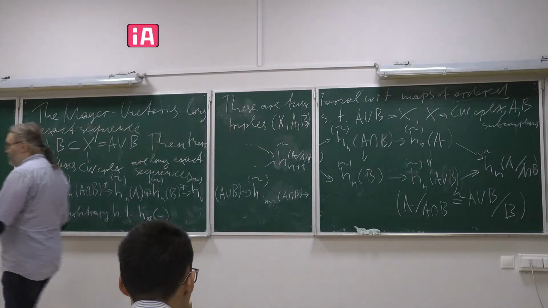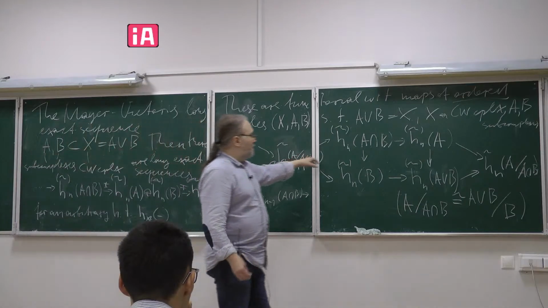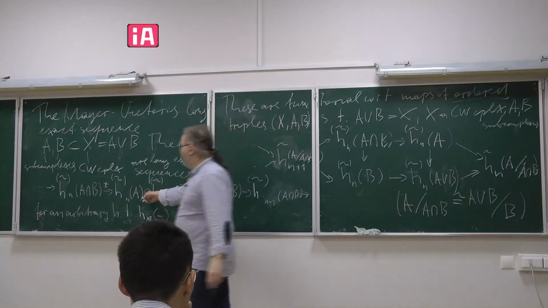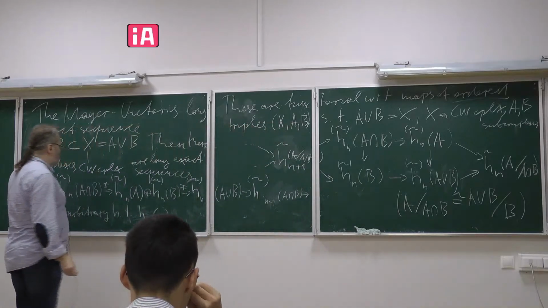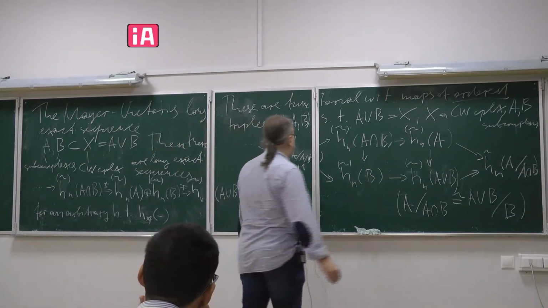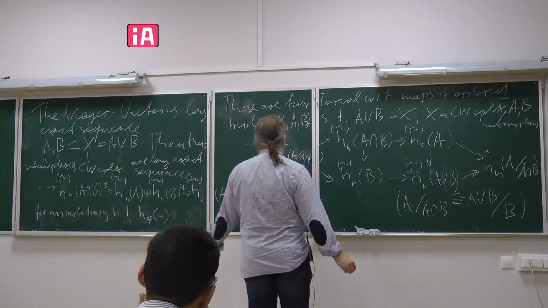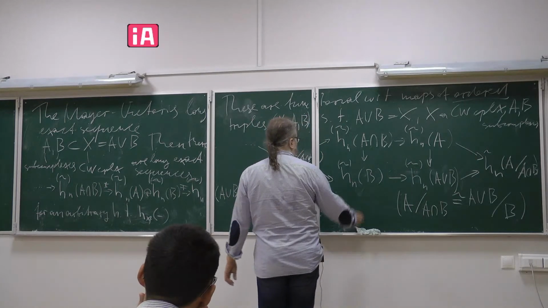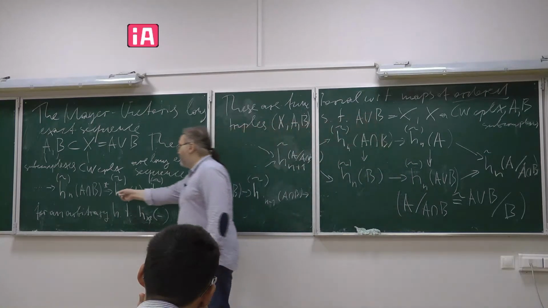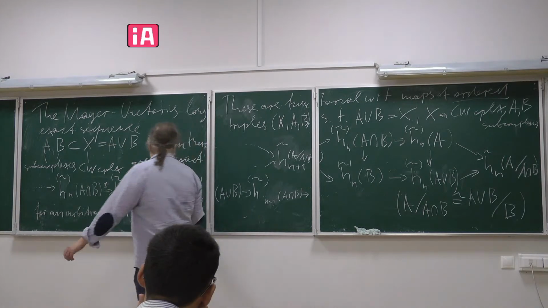We can use this diagram to define all maps in this sequence. Basically, we have them. The easy ones are already clear from the definition. What about this one?